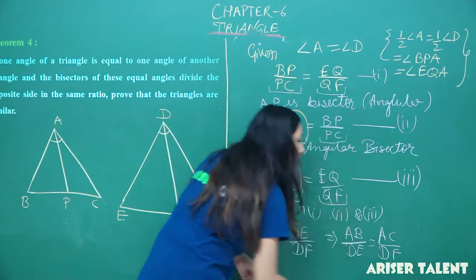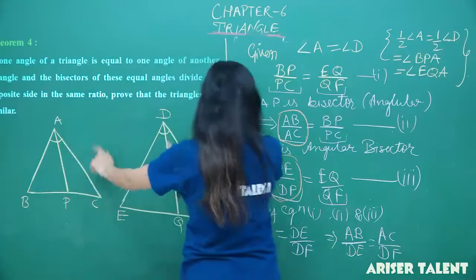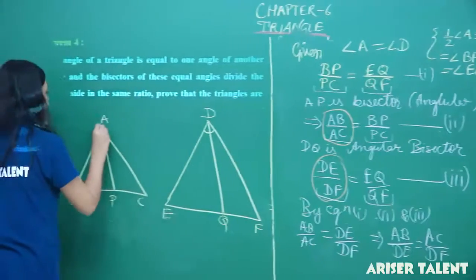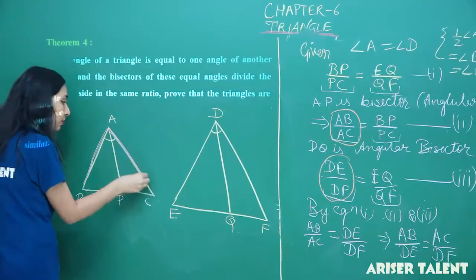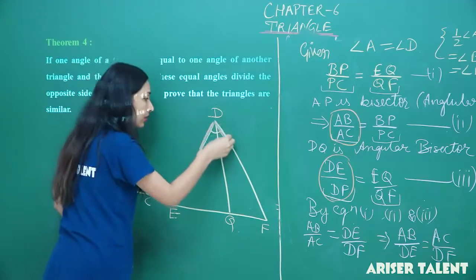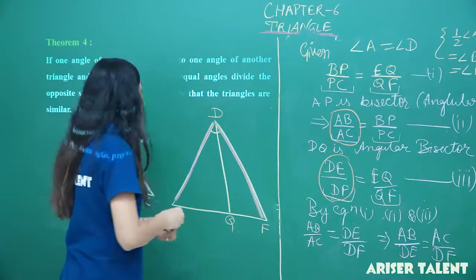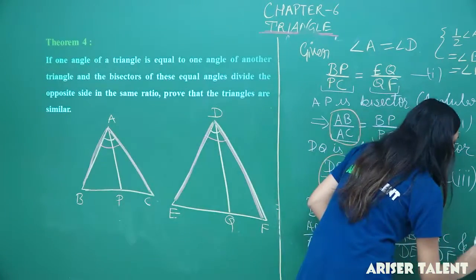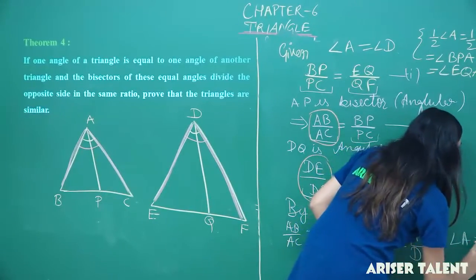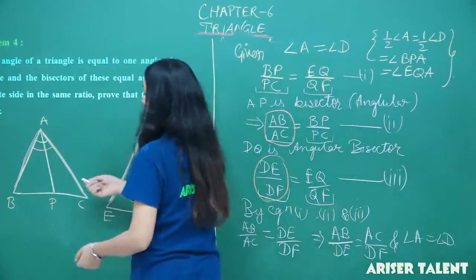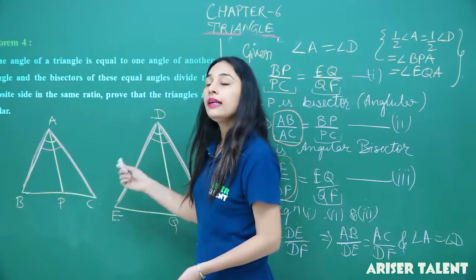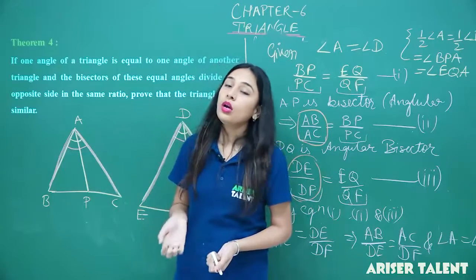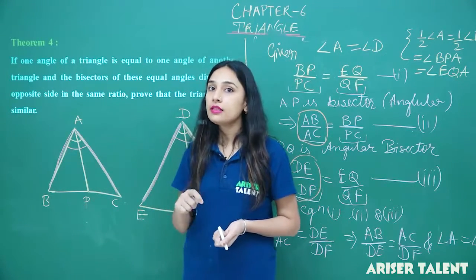Now we have the proportions AB by DE and AC by DF. So I can write that the proportion of these two is equal to the proportion of these two, and angle A equals angle D. So the angles are equal and also the sides corresponding to these angles are proportional. So by the side-angle-side property, what can we say?